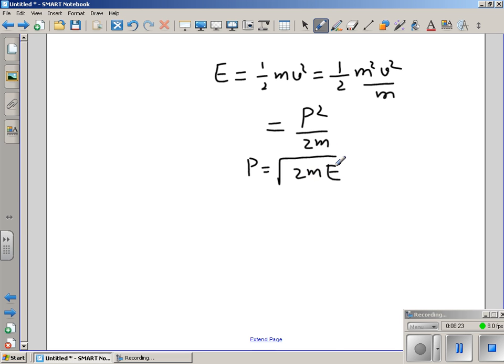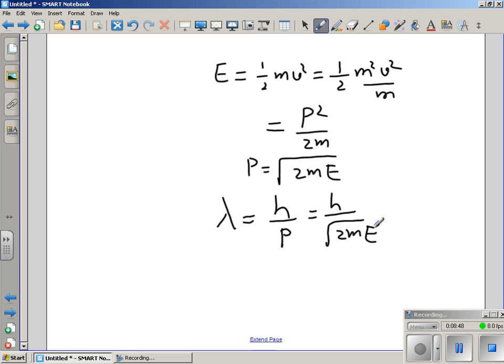So de Broglie's wavelength associated with the particle in terms of energy can be written as lambda equals h by p, which is h by under root 2mE. So we can get this wavelength if you know the value of E. That will be different in different cases.